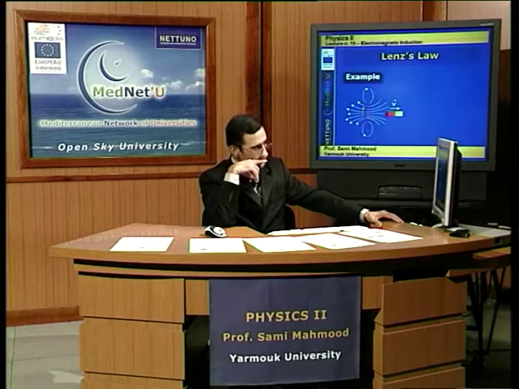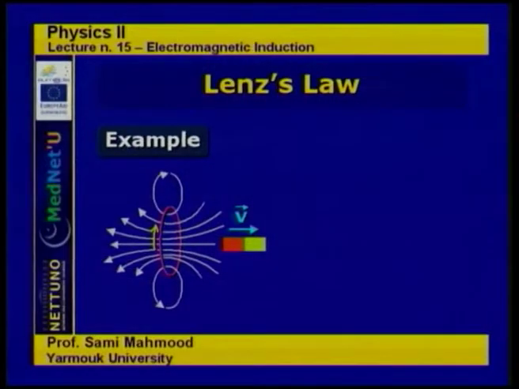For example, if we have this loop nearby a bar magnet, and this red pole is the N pole of the bar magnet, the magnetic field lines are going out of this end and crossing the loop.